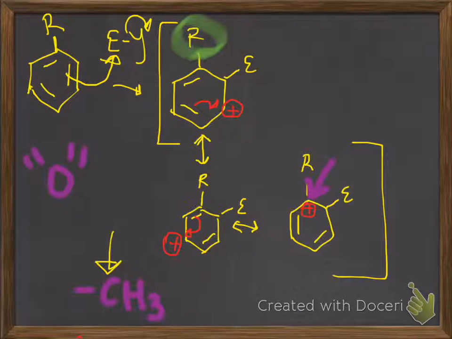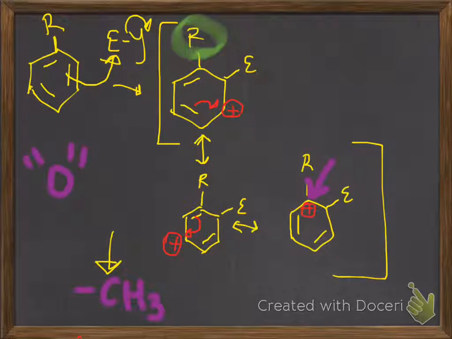That's the reason why a tertiary carbocation is more stable than a secondary, which is more stable than a primary. The more friends it has to help out, the more stable it is. So toluene, where the R group is the methyl group, has electron density that it can donate or loan. It's electron donating.